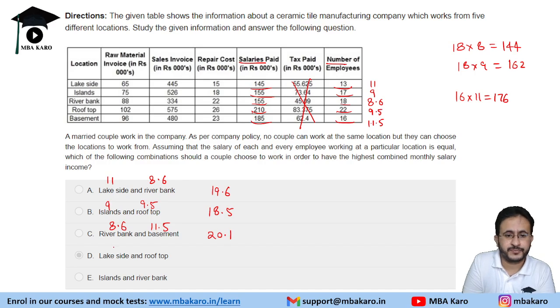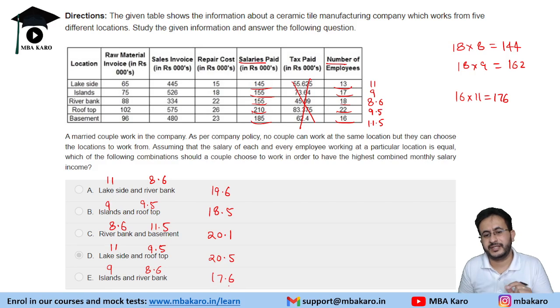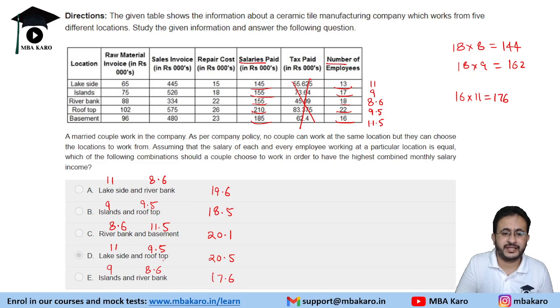Lakeside and rooftop: lakeside is 11, rooftop is 9.5, so 20.5. And island and river bank: island is 9, river bank is 8.6, so total combination is 17.6. So out of these, the highest one could get is lakeside and rooftop.